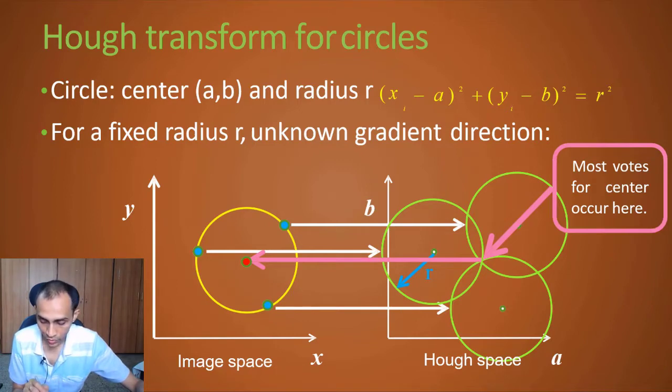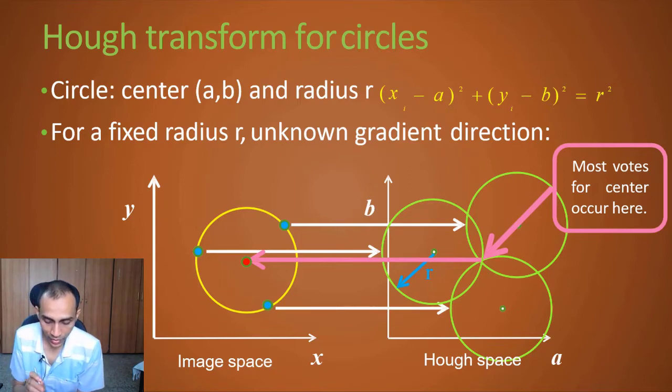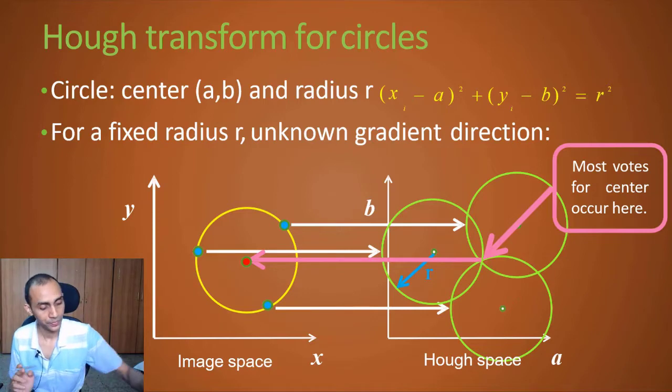If you construct this space as an accumulator array and cast a vote for all these points, which location will get the maximum vote? This location, because for each point on this circle, the corresponding circles will all intersect at this point. So you are going to get the maximum vote for this location, and that will give you the center location.